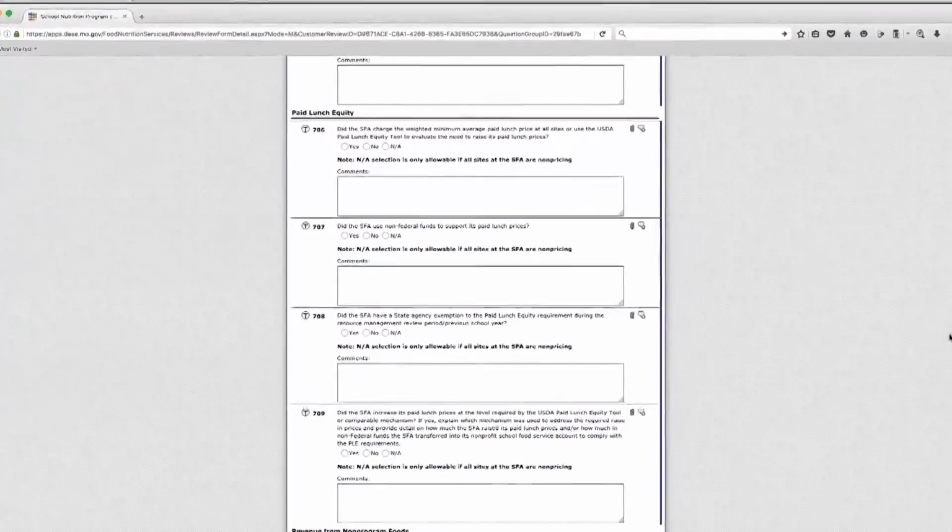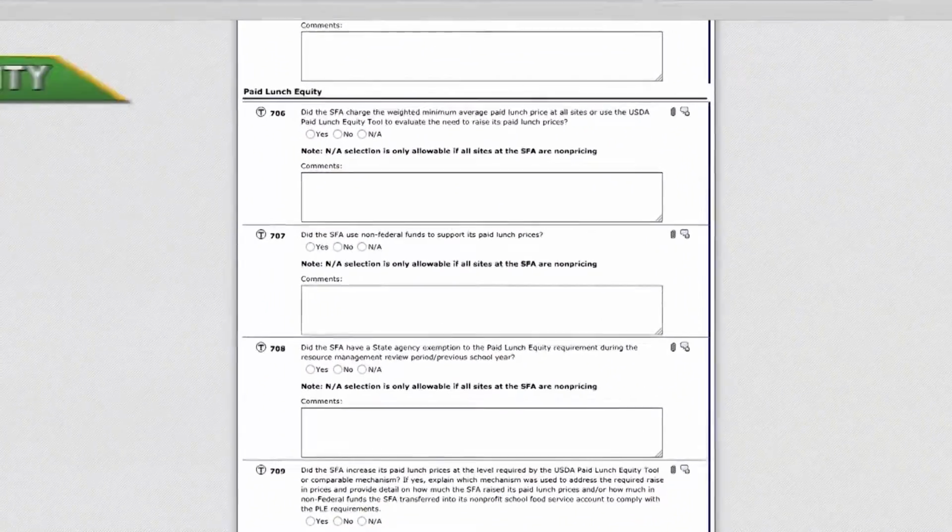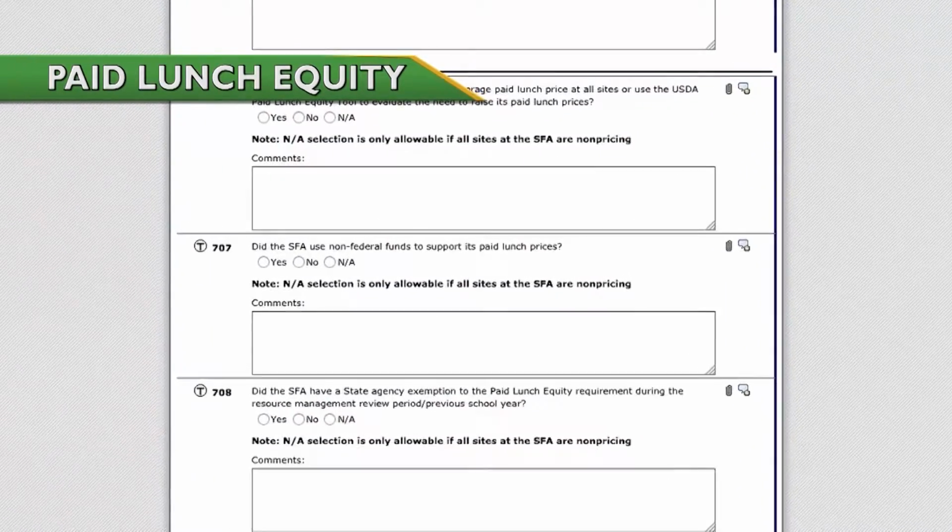The Resource Management Risk Indicator Tool, Paid Lunch Equity or PLE.